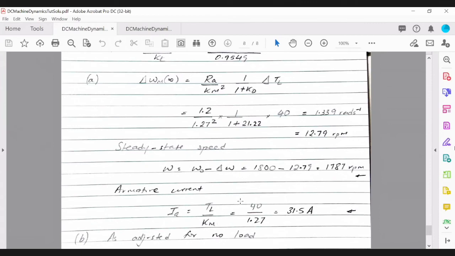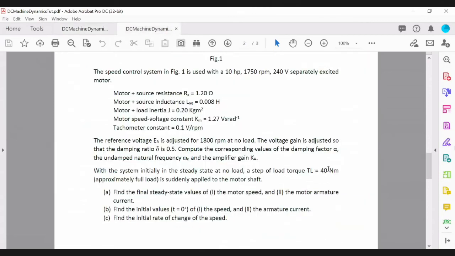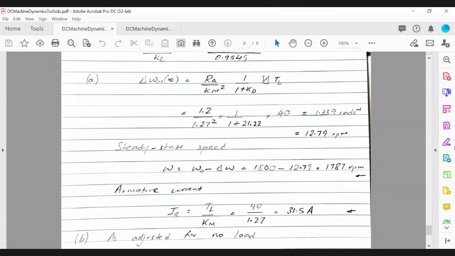Again, we're using the equation that we've derived in the notes, delta omega m at steady state. The step load torque is 40 Newton meters, so that's substituted by 40 here. And Ra, Km, and K naught are substituted, and that basically gives us the steady state speed of the motor.